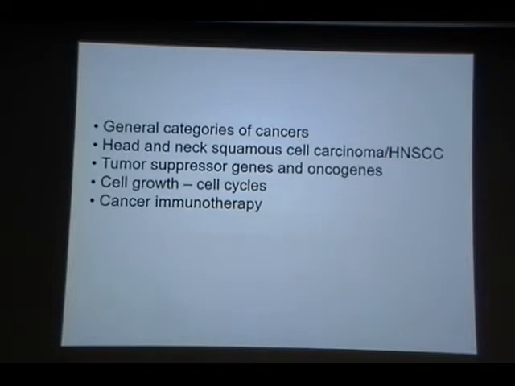Because cancer is cell growth that is out of control, there is something at the molecular level associated with that, called the cell cycle. And then I'll mention immunotherapy. Depending on how the course is progressing, we will determine whether or not we'll have a break.